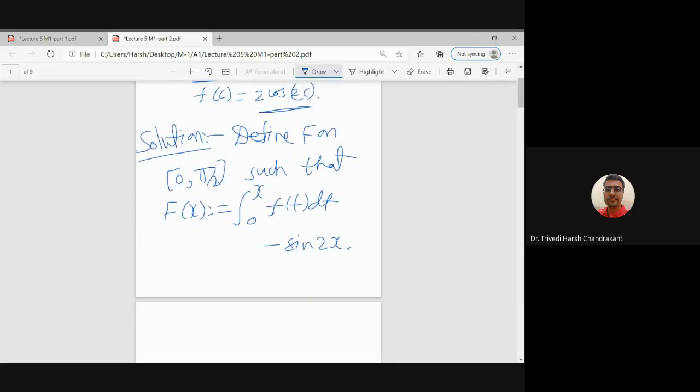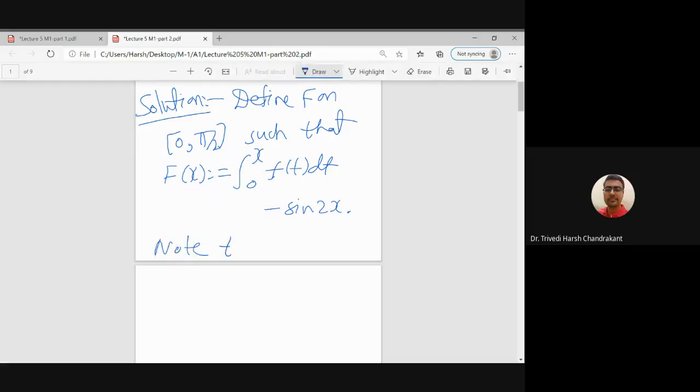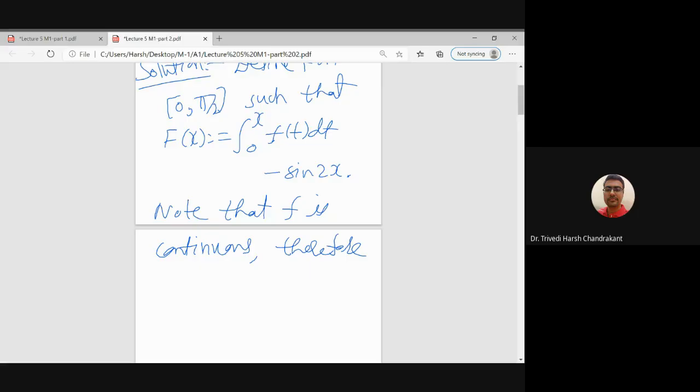So note that f is continuous, therefore what we have is that derivative of F dash x is fx for every x in the interval.